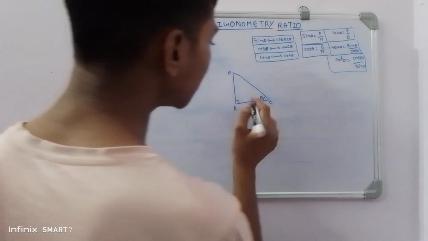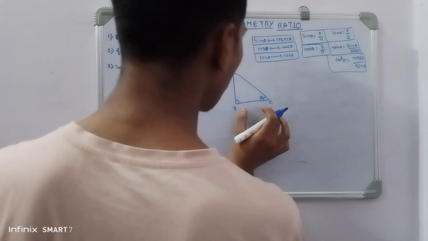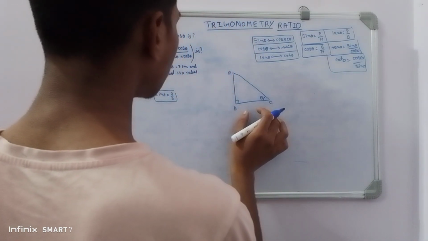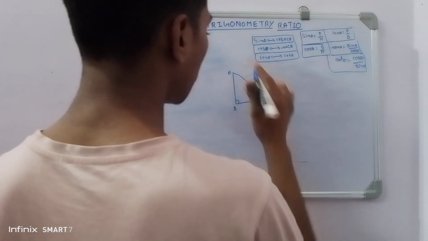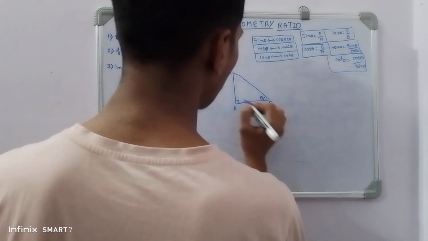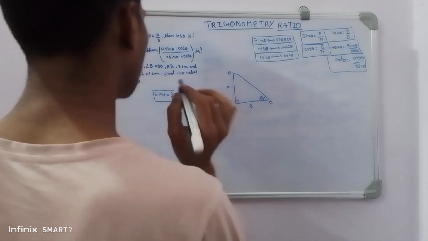For this angle C, BC is going to be the base, and this is going to be the perpendicular.